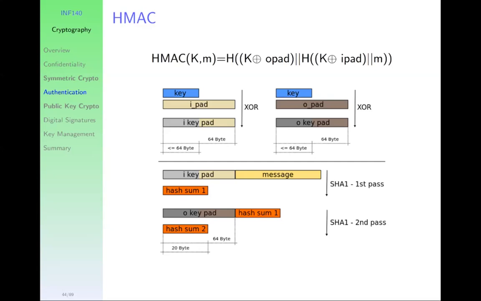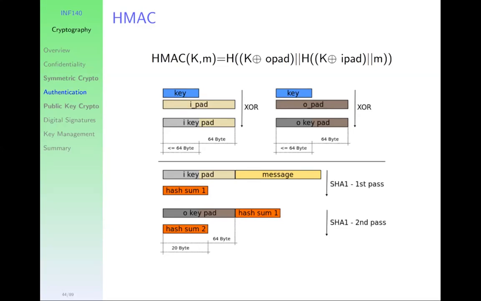And this hash sum1 will be appended to the outer keypad. The outer keypad is a similar process: we have the original key and the outer pad, and the XOR of them is the outer keypad. This outer keypad is added in front of the hash sum, the output of the previous step. Then, based on a hash function, here we again use SHA-1, it's quite natural because we just repeat this process, right? And then it gives the output, hash sum2.